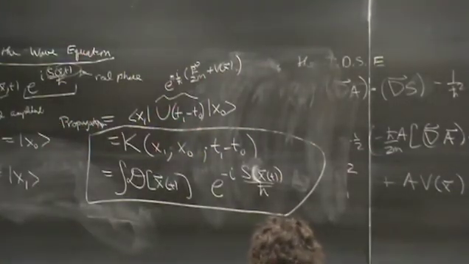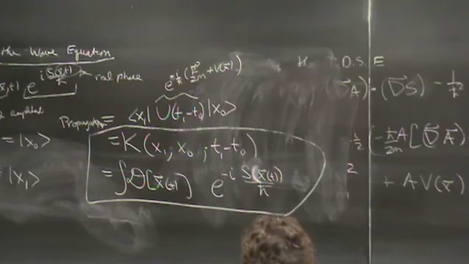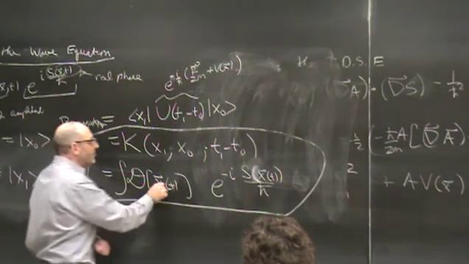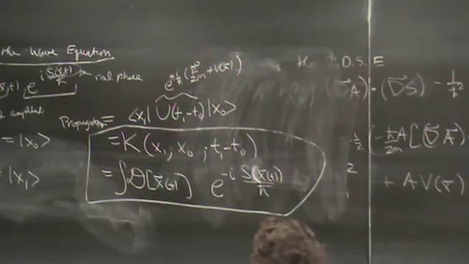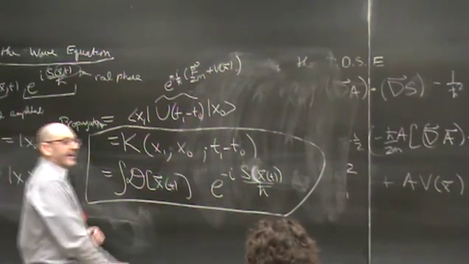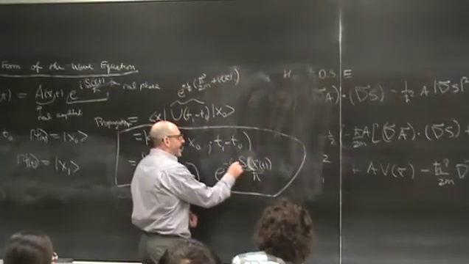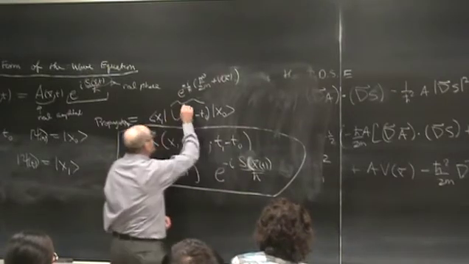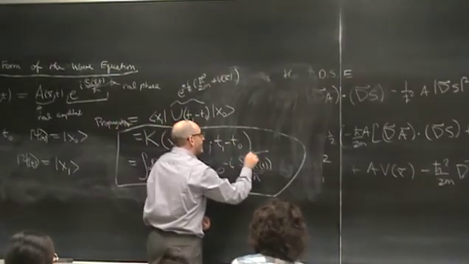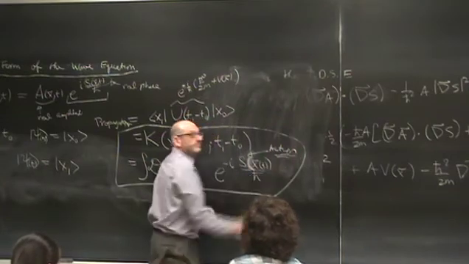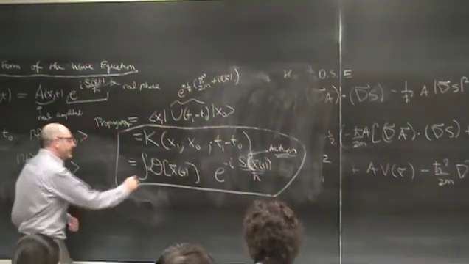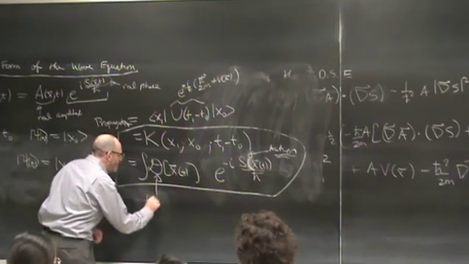What does this represent? This is every possible path that can connect me from those 2 points. I weight that with a phase factor that depends on the classical action. This is an integral over all paths.